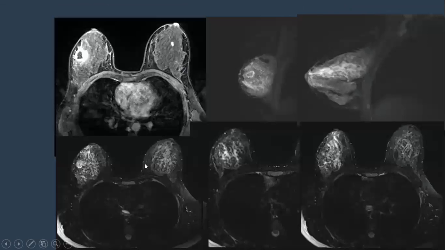Let us see. This is the MRI. Okay, this is the index lesion. It seems to be here because in mammography the breast is mobile. Sometimes the lesion moves 1 or 2 hours or even 3 hours when compressing in mammography from the exact origin of the lesion.